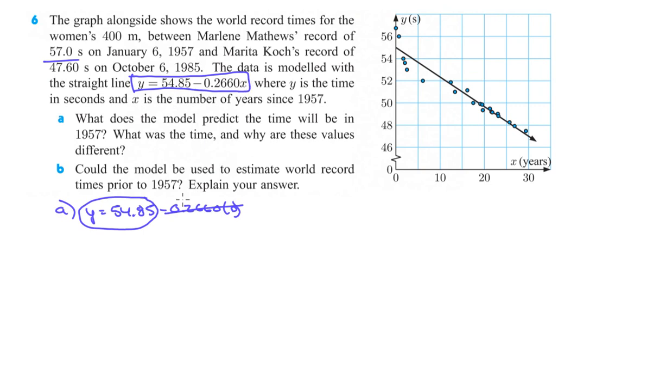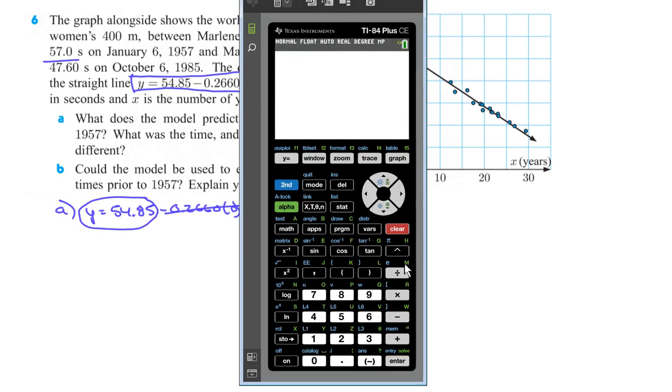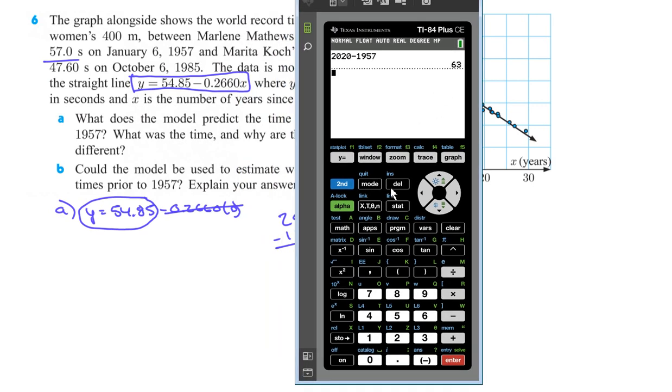2020, let's say. So 2020 minus 1957, just to make sure I don't mess this up, gives us 63. So if we plug 63 into this, let's see what kind of time it's going to give us.